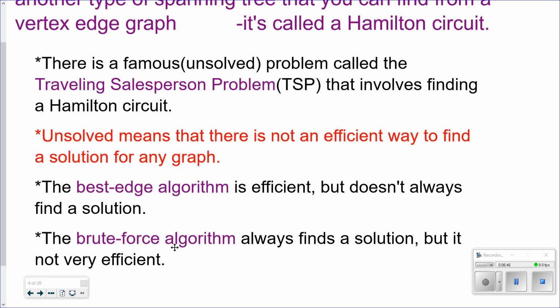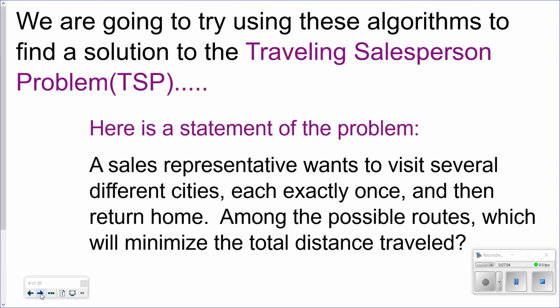It's basically about finding all the options and then determining which one actually is the minimum. So that's why it's not considered very efficient. And we'll come back to this. We're going to try one of these algorithms and then look at why it maybe didn't work as well as it should have, or as we would hope.